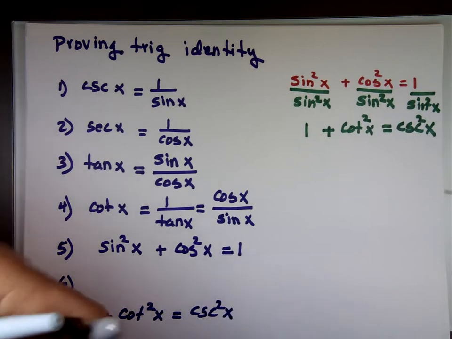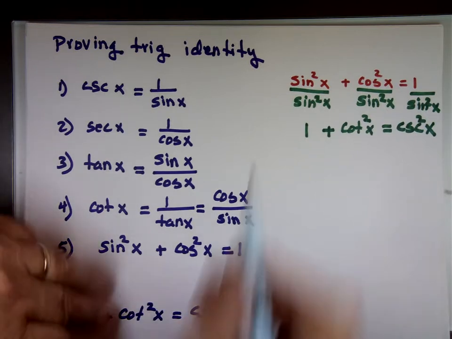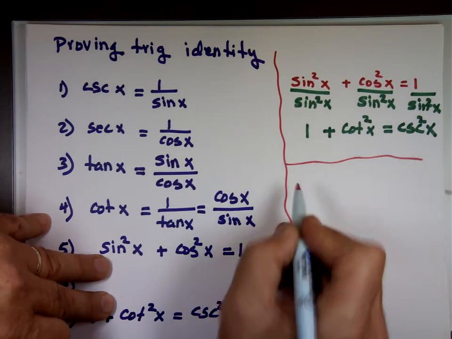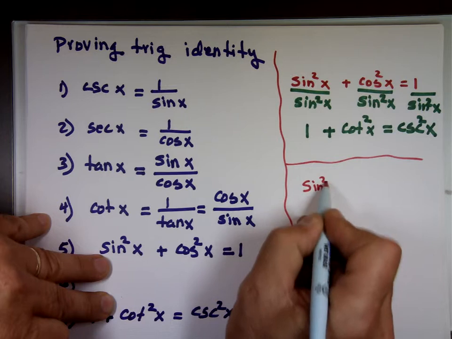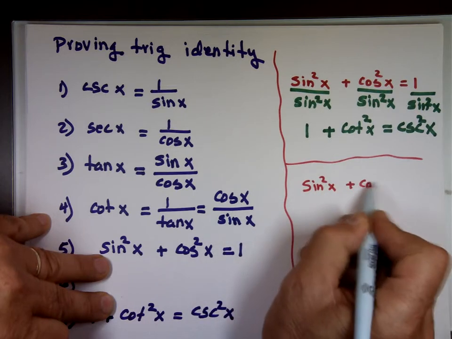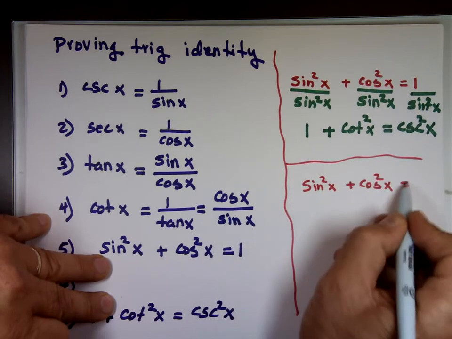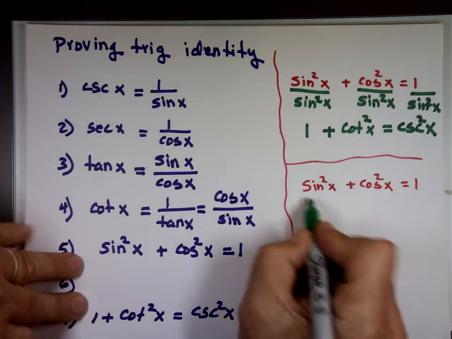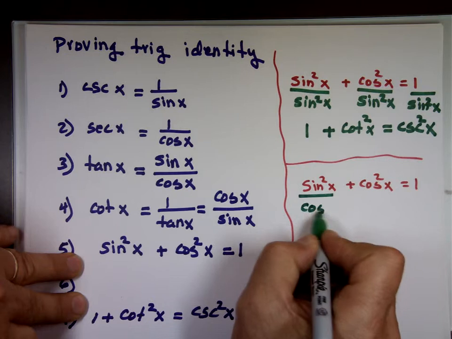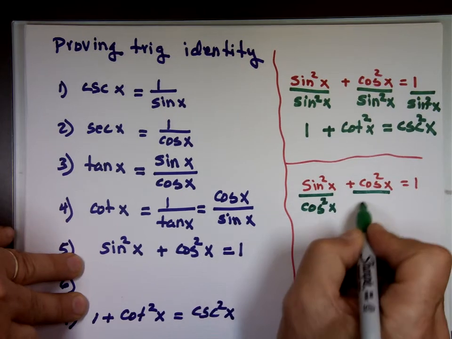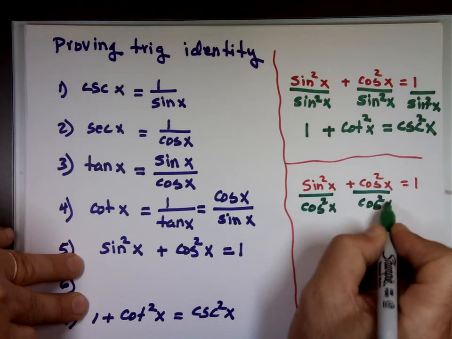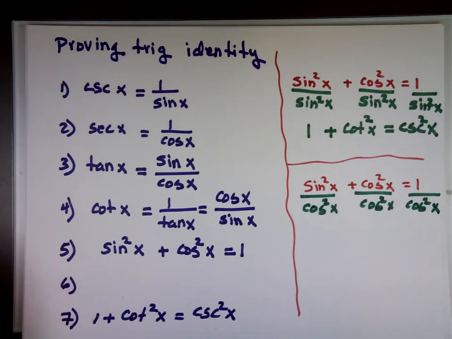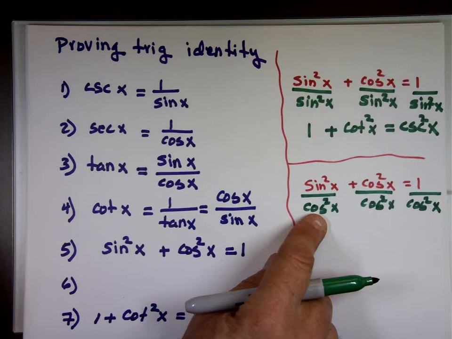Let's repeat the process, but now instead of dividing by sine squared, we're going to divide by what? Cosine squared. Let's divide by cosine squared. Sine over cosine is what?